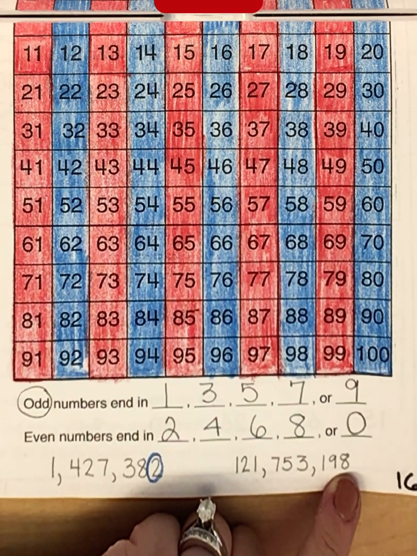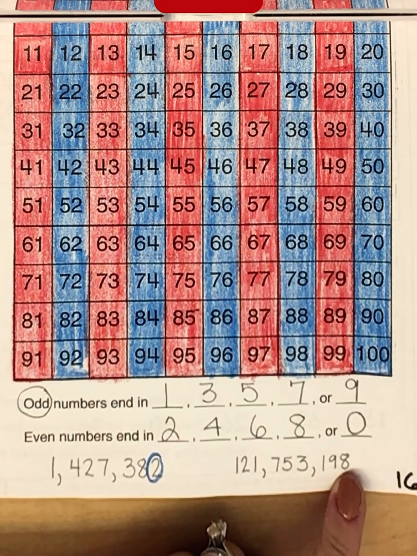Oh my goodness, that's such a big number. How do I figure out if it's odd or even? If you said that you need to look in the ones place, you're right. I'm going to look at the number in the ones place.